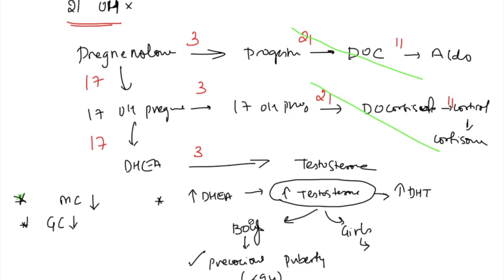Now let's come back here. What is happening here in girls? Girls are XX. She has ovaries and uterus and everything. But the external genitalia, because of the presence of testosterone, would look like male. So there is ambiguous genitalia.